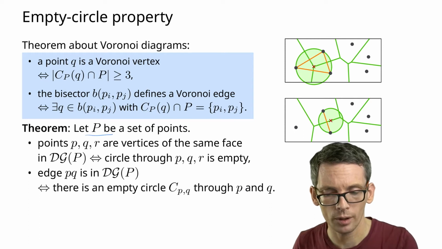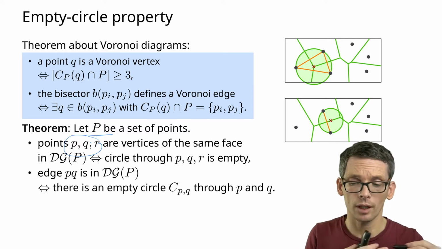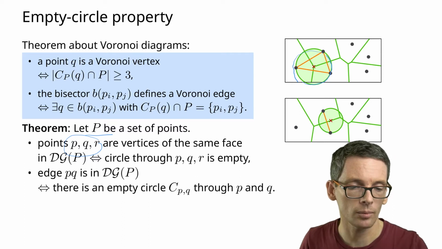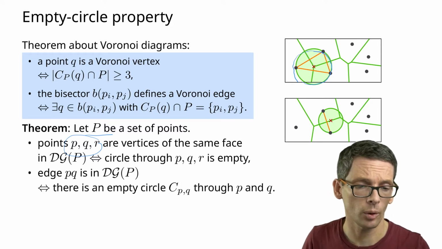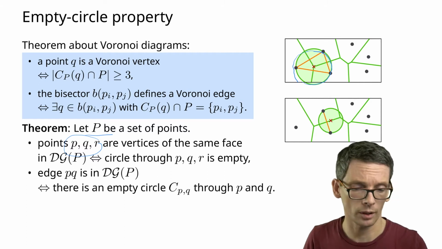So I have a point set P, and now I can say 3 points are vertices of the same face of the Delaunay graph if and only if I draw the circumcircle through those 3 points, it contains no other point of the point set in the interior.